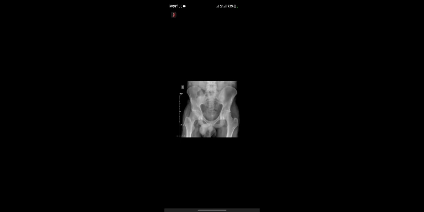Sure. So I know the patient has back pain and diarrhea, so I'll start off with looking at the spine. Can't see any abnormality within the spine. There's reduced joint space within the sacroiliac joints. The sacroiliac joints bilaterally are not well appreciated and they appear to be fused.